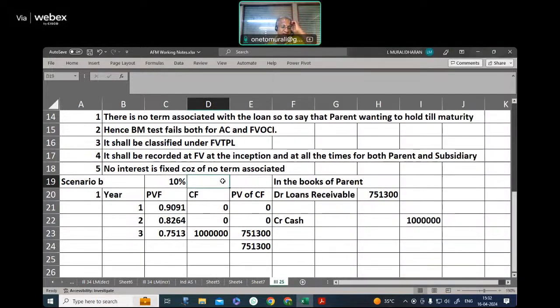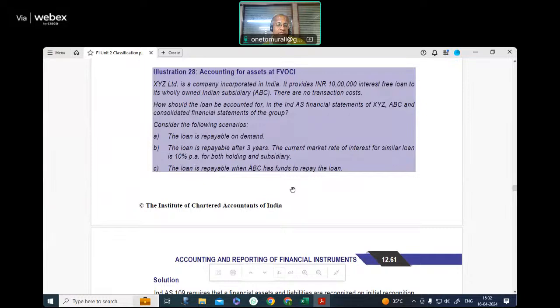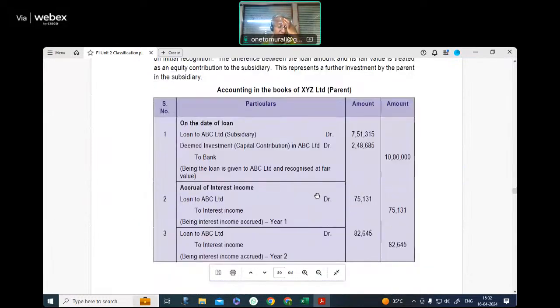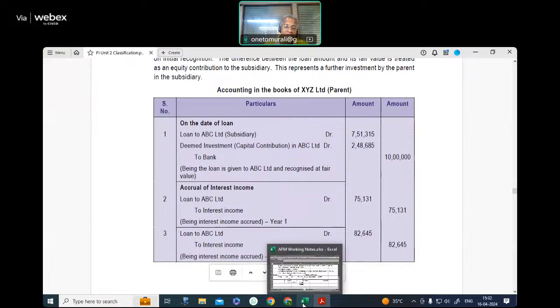Is it an asset or is it a loss? Deemed investment is what they call. You cannot consider them as a loss.